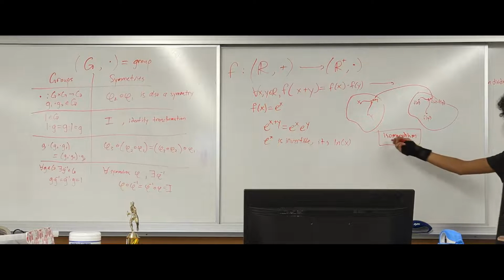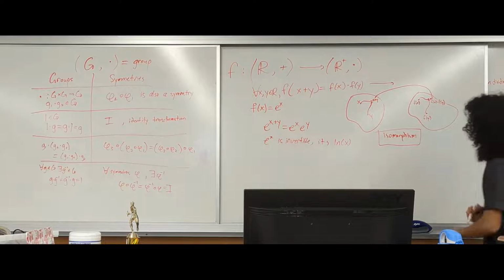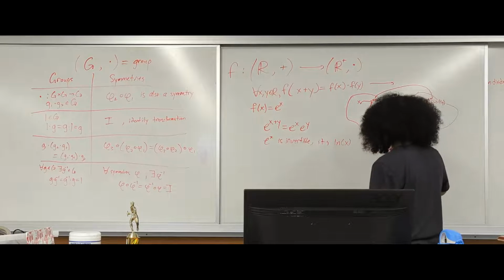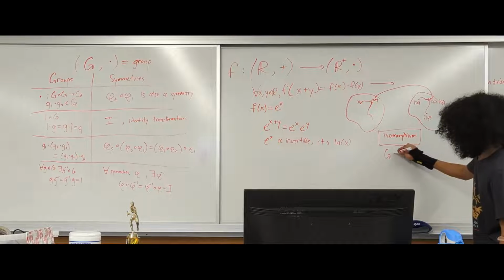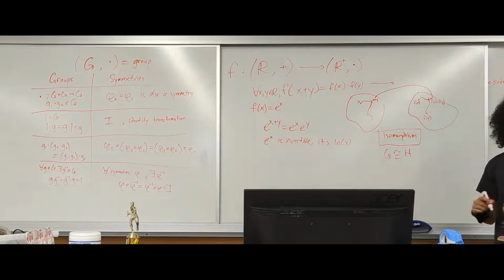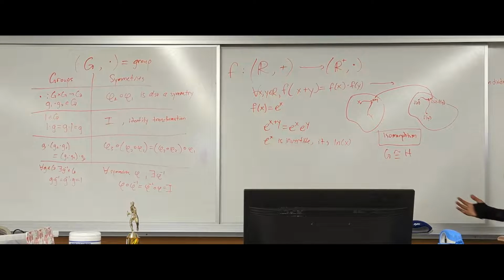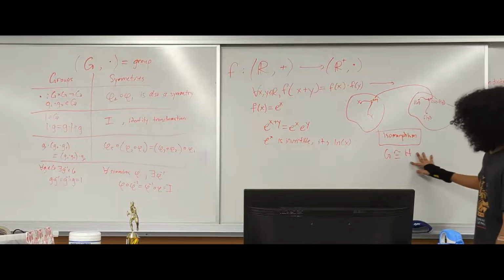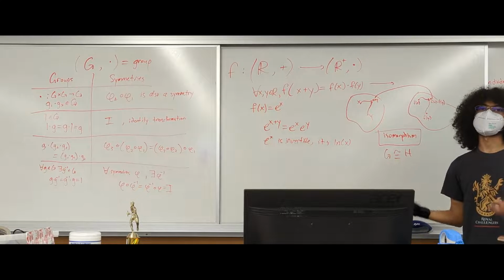So an isomorphism then gives us a way of saying these two groups are equivalent. And if we have an isomorphism between groups G and H, we say they're isomorphic. And that is an equivalence relation. I haven't talked about equivalence relations yet in detail, but basically they're relations that have the same idea as equivalence.